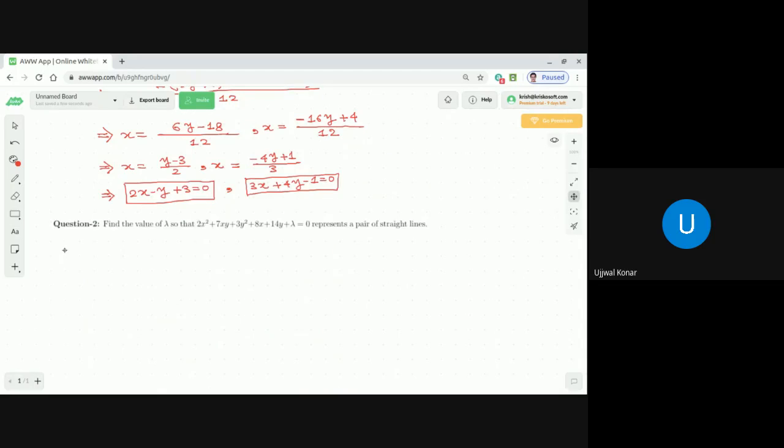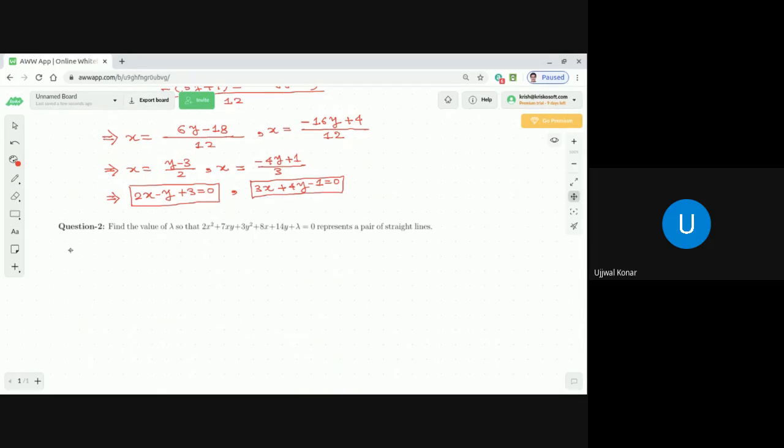What is our equation here? Our equation here is 2x square plus 7xy plus 3y square plus 8x plus 14y plus lambda equal to 0.